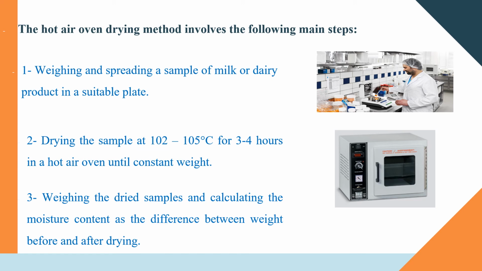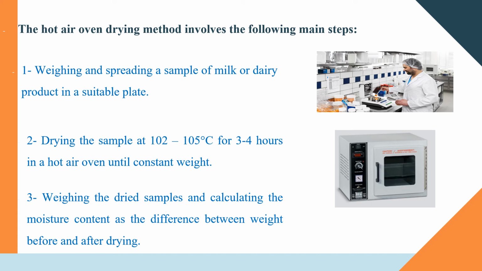So this is the hot air oven drying method. It's quite standard, it is quite classical, and it is also lengthy. It takes time. As you notice, it takes from 3 to 4 hours or even more for the preparation of sample and weighing and other steps. So it is a relatively long method that takes hours.